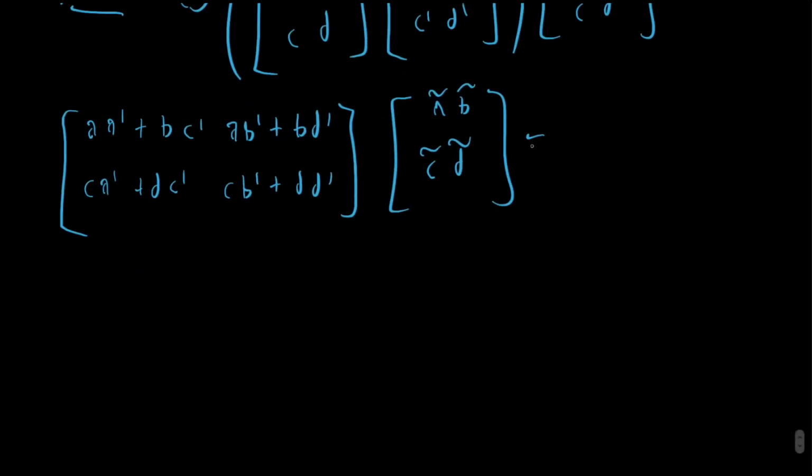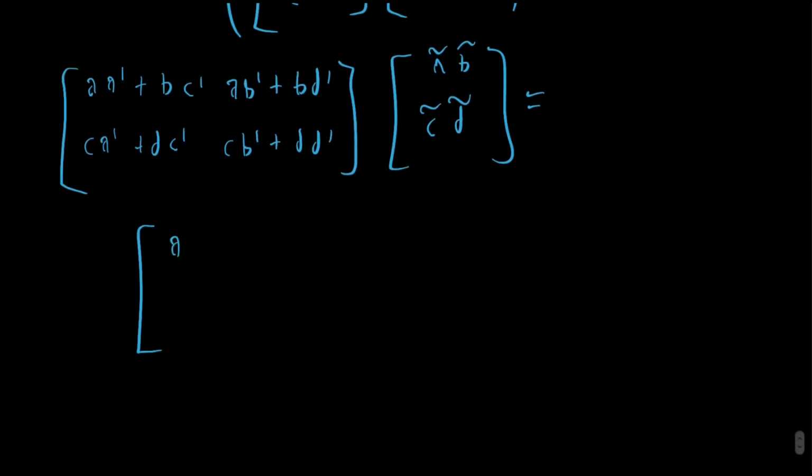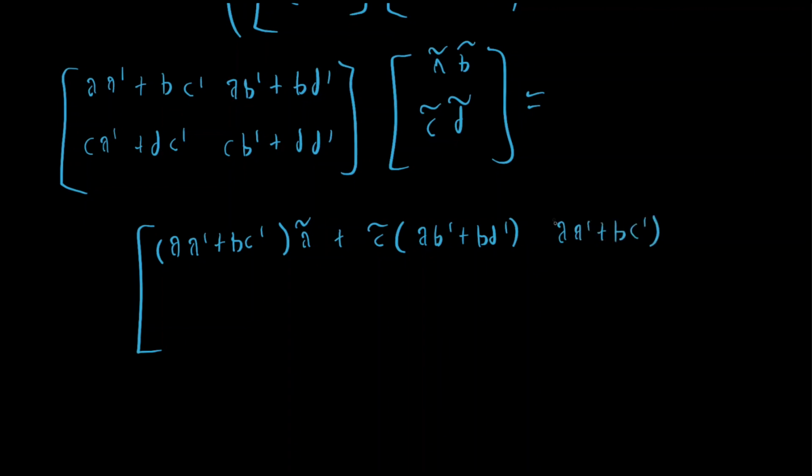Now multiplying all of this again will give, for the first entry, A times A prime plus B C prime, all times A tilde, plus C tilde times A B prime plus B D prime. For the second entry, we will have A A prime plus B C prime all times B tilde plus A B prime plus B D prime times D tilde.